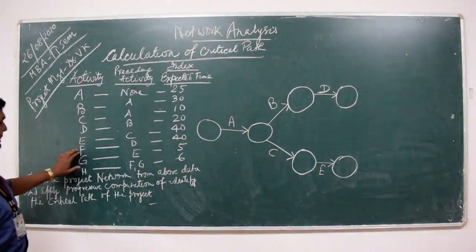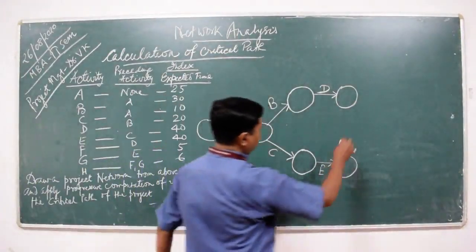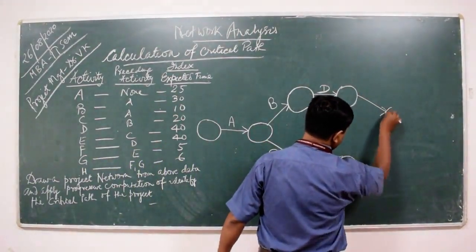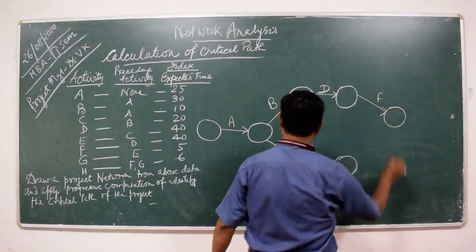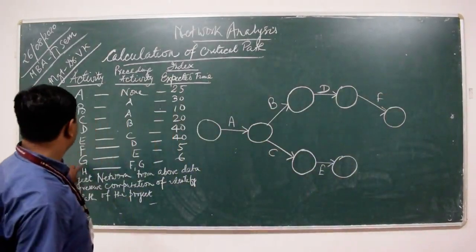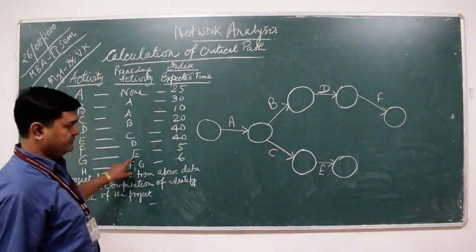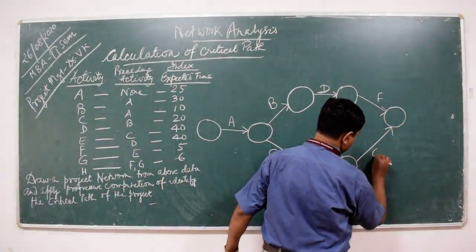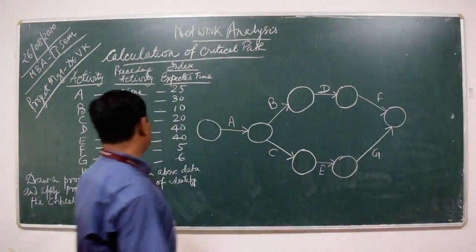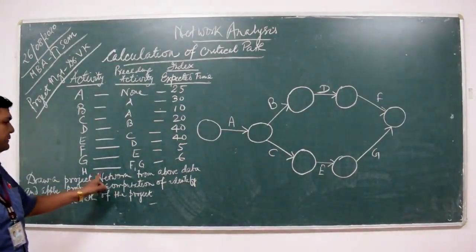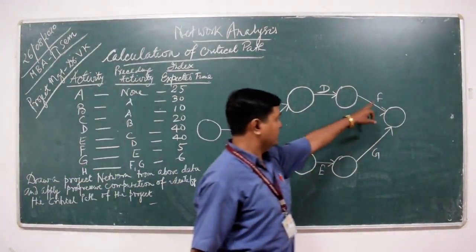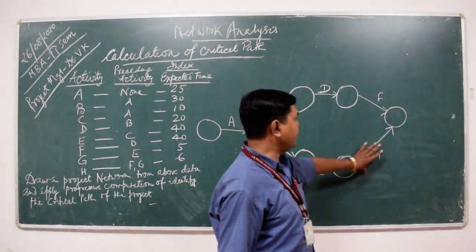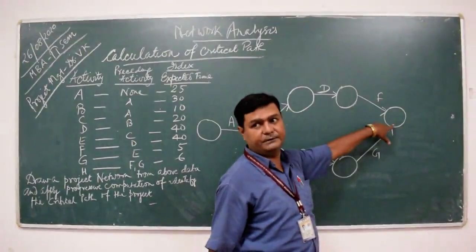F is preceded by D. G is preceded by E. And the final activity H is preceded by F and G. That's why I have merged both activities into a single event.